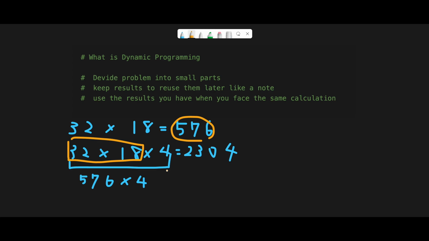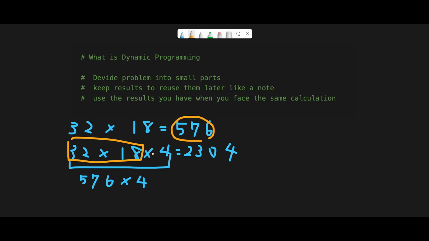But computers don't work like that. Even if they already calculated 32 multiply 18, when they face 32 multiply 18 multiply 4, they calculate from beginning to last.